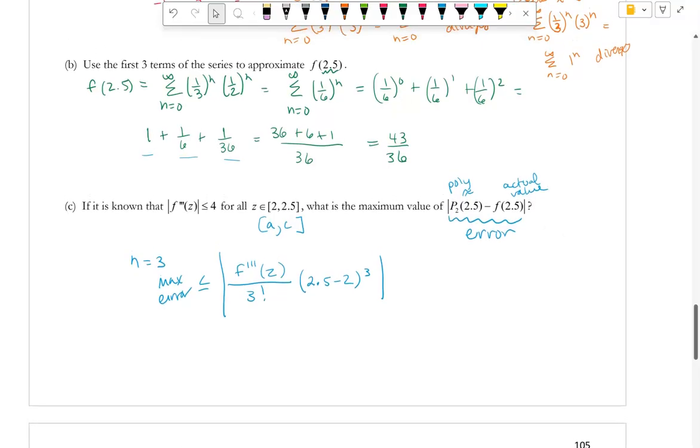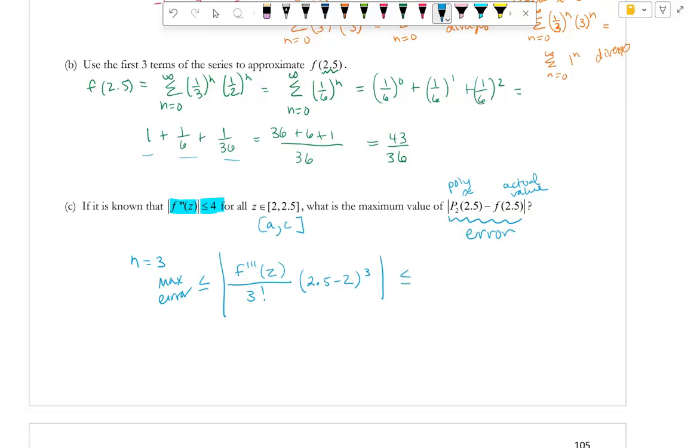Notice that in the prompt, we are told that the magnitude of our third derivative at z is less than or equal to 4. So 4 is the maximum that our third derivative at z could be. And so that's what we're going to use when we're calculating our Lagrange error bound.